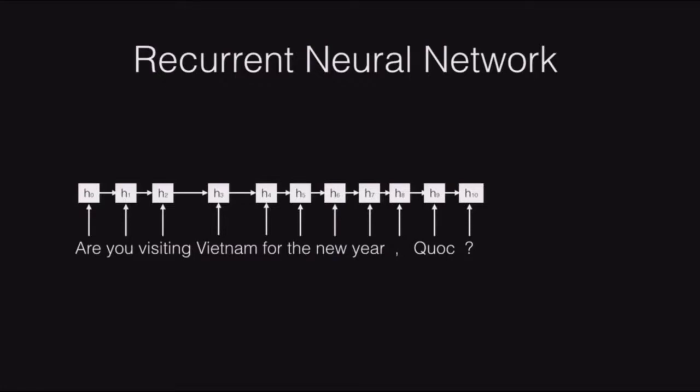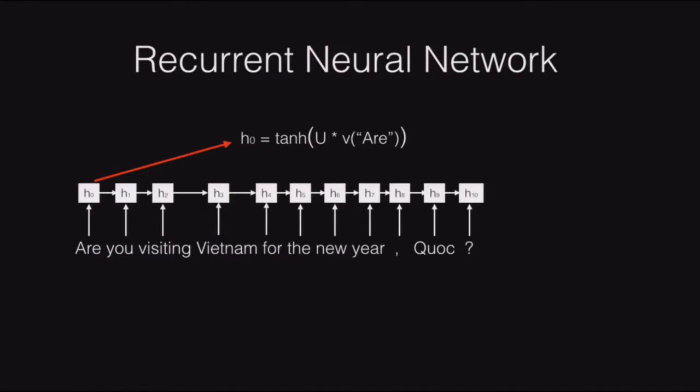And the way that you compute the hidden units is the following. The function h of 0 is basically a hyperbolic tangent of some matrix U times the word vector for the first word. Okay, so Richard also talked about word vectors yesterday.